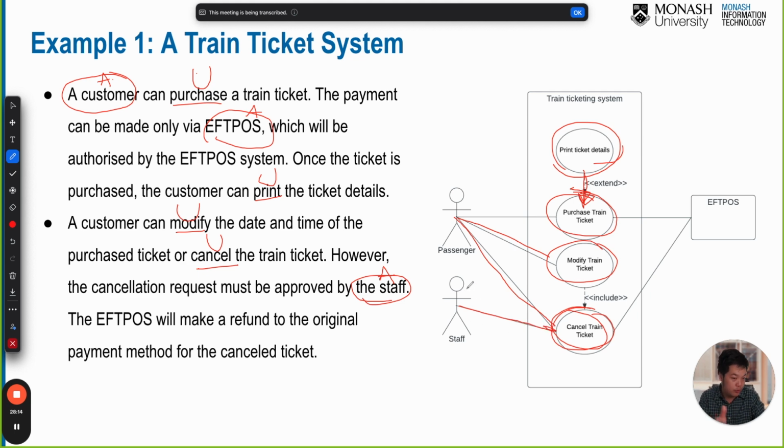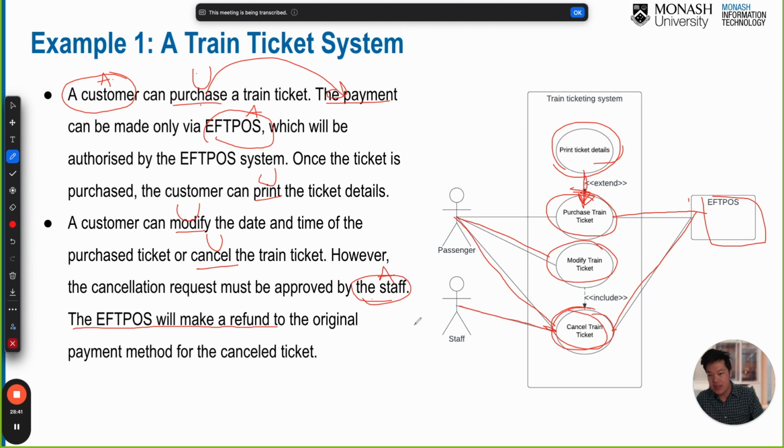The staff have to approve the ticket cancellation, and the EPOS will make a refund to the original payment method. So that's why the cancel here interacts with the EPOS. I forgot one more thing: after they purchase, they need to do the payment. That's why we have this line here.